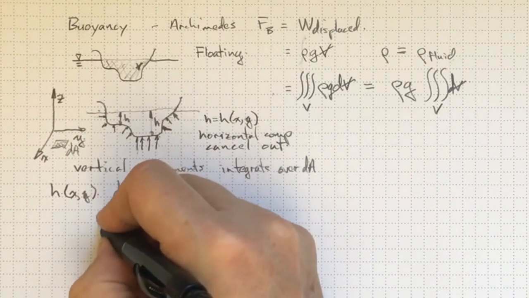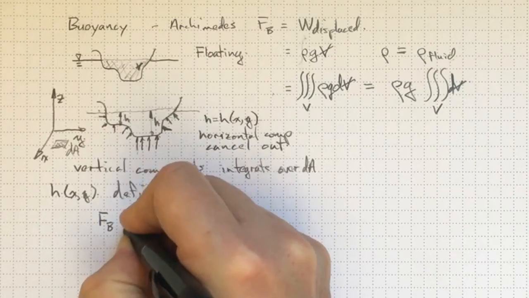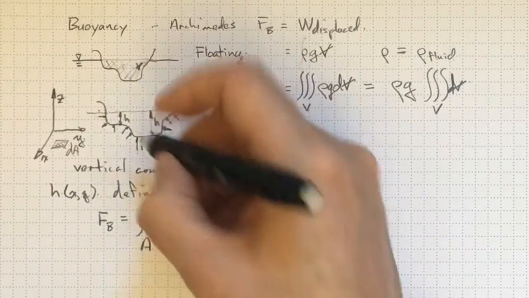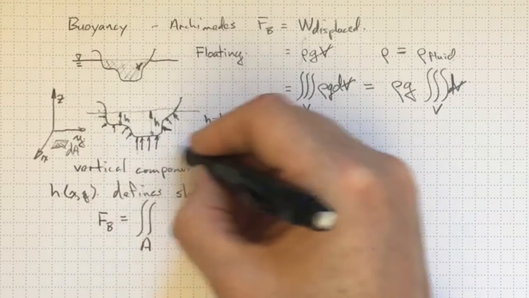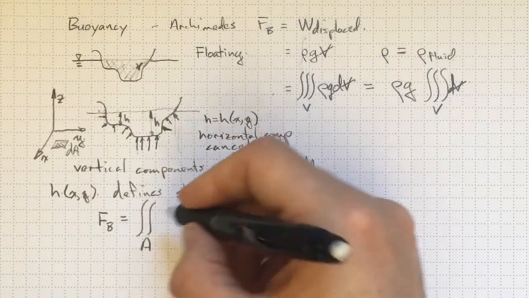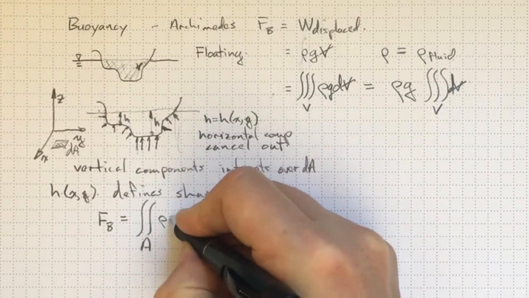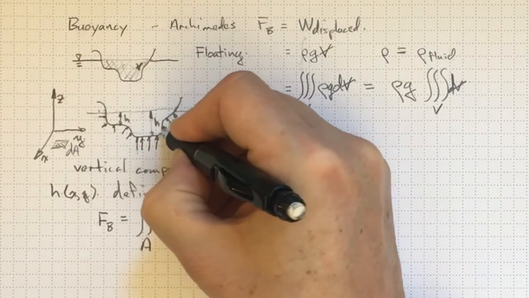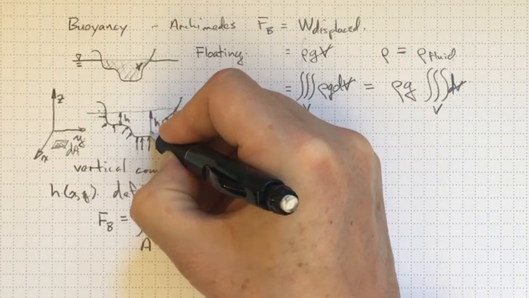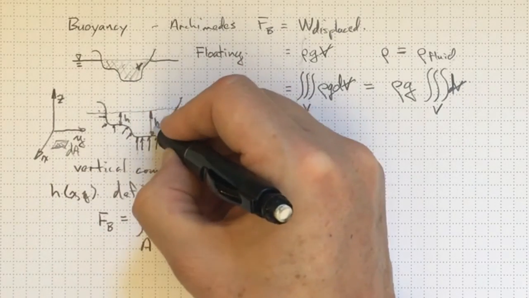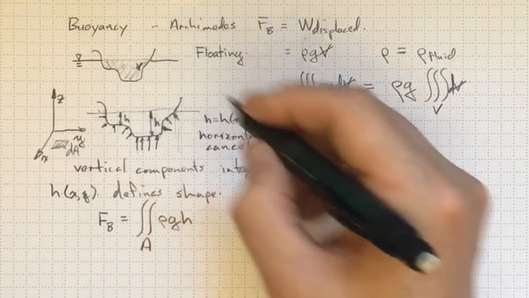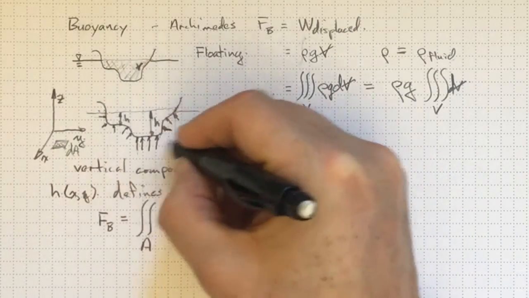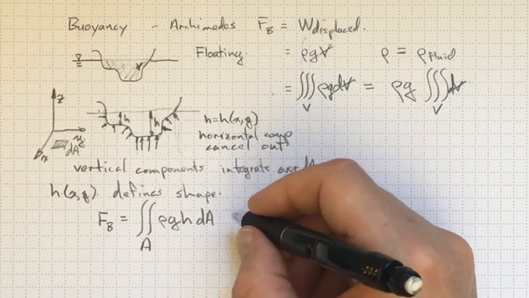So our force due to buoyancy is going to be equal to the integral over that projected area, the area under the body here, of rho g h. That's going to be the pressure at any one of these points, defined by h of x and y, how far under the water we are, times the projected area, this area in the horizontal planform plane.